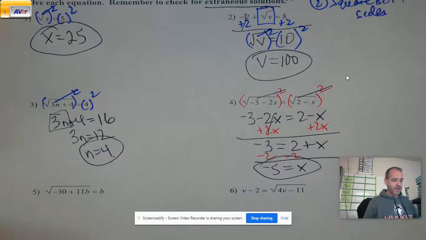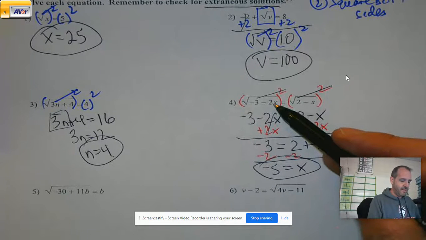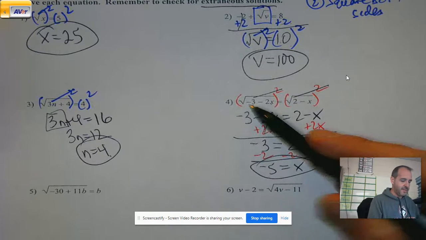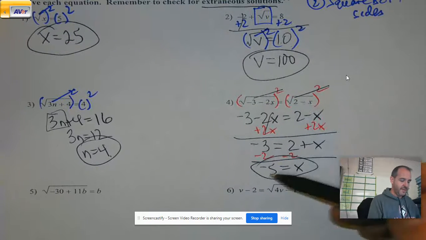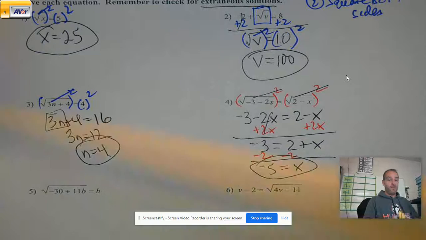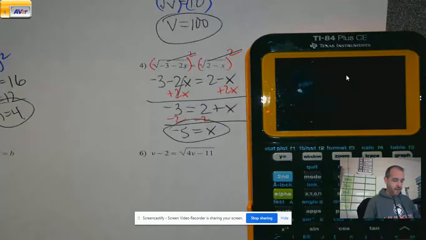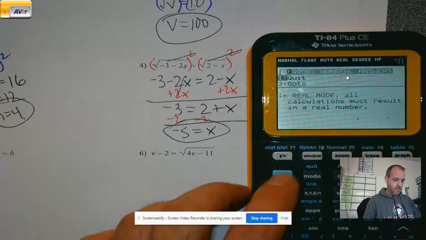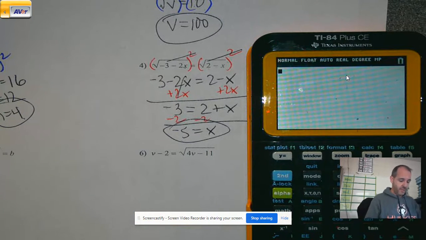All right, so now we're going to check our answer. So negative 2 times negative 5 is 10. Negative 3 plus 10 is 7. 2 minus negative 5 is also 7. Now, before you get going too far here, maybe you want to go ahead and just be like, okay, so square root of negative 3 minus 2 times negative 5.